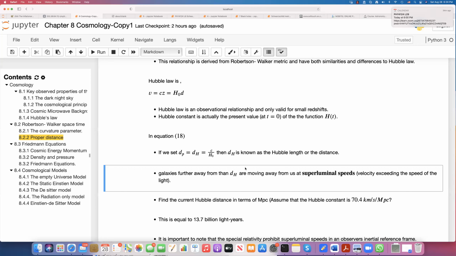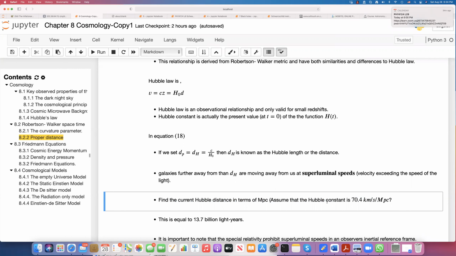Now I have an exercise right here. Find the current Hubble distance in terms of megaparsecs. Assume that the Hubble constant is 70.4 kilometers per second per megaparsec. Please, everyone try this one and give me the answer.